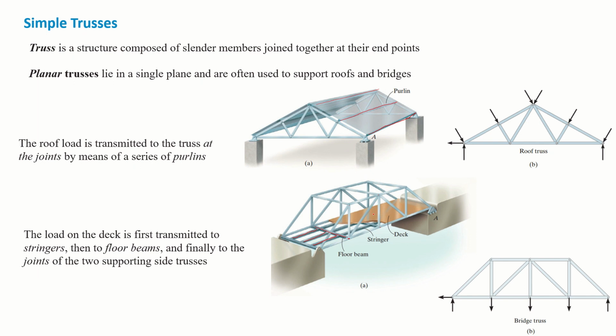From the deck, the load of cars, trucks and heavy vehicles is first transmitted to these stringers. These red lines are showing stringers, and then to the floor beam, and then this load is transmitted to the joints.